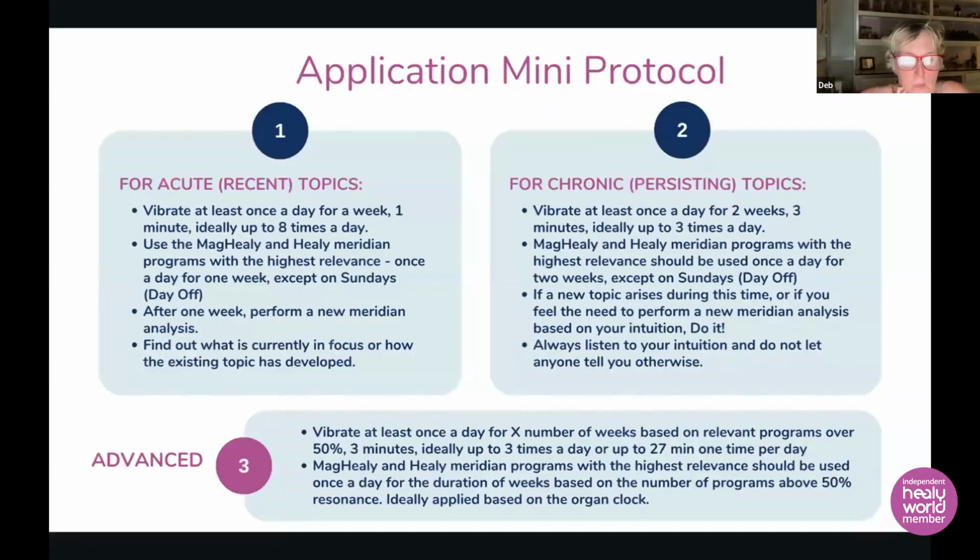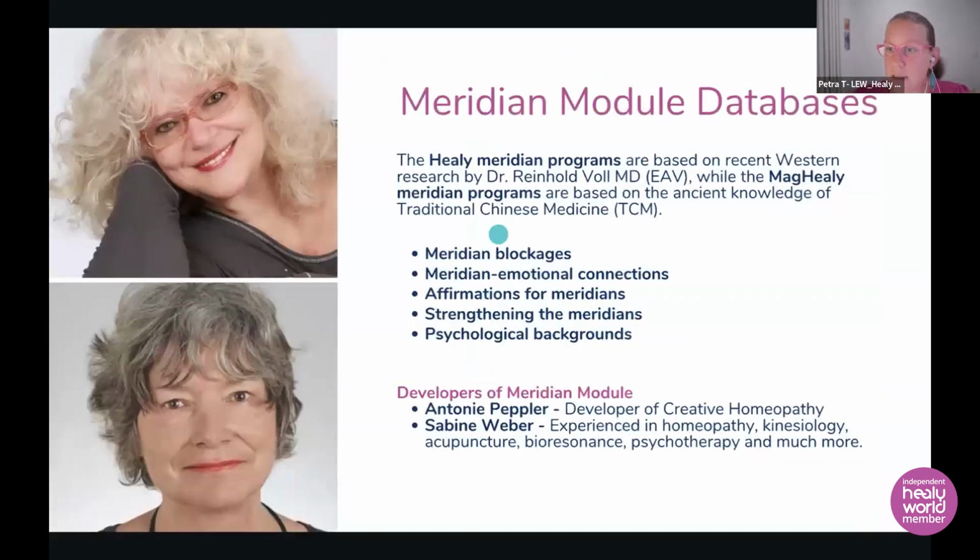Okay, so this is coming from this. I'll show you. These are the databases. We have Meridian blockages, Meridian emotional connections, affirmations for Meridians, strengthening the Meridians, and psychological backgrounds. These are the databases that show in the desired state description.